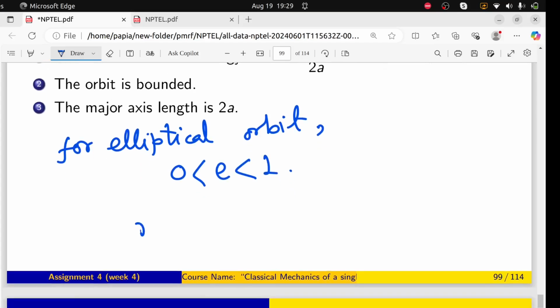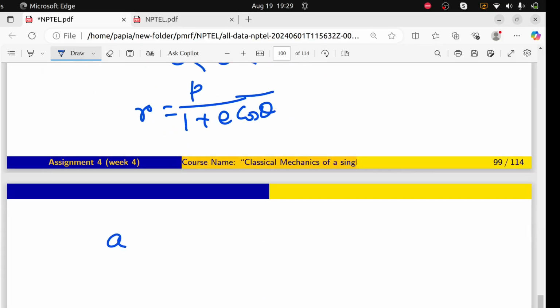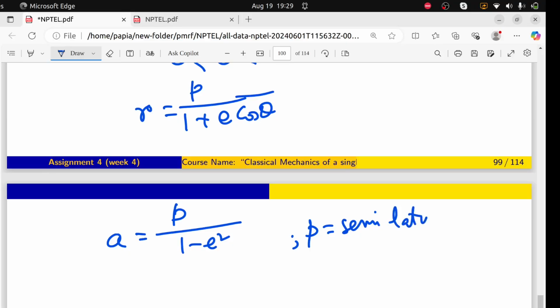Now we can write r equals to p by 1 plus e cos theta. Again the same calculation is there, which we have already calculated, so we just got the answer that a equals to p by 1 minus e square, and p equals to semi-latus rectum, which has the value L square by mk.